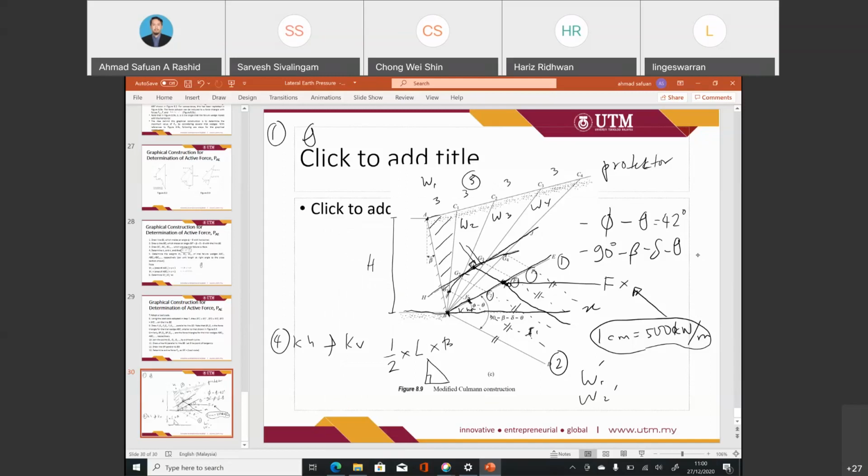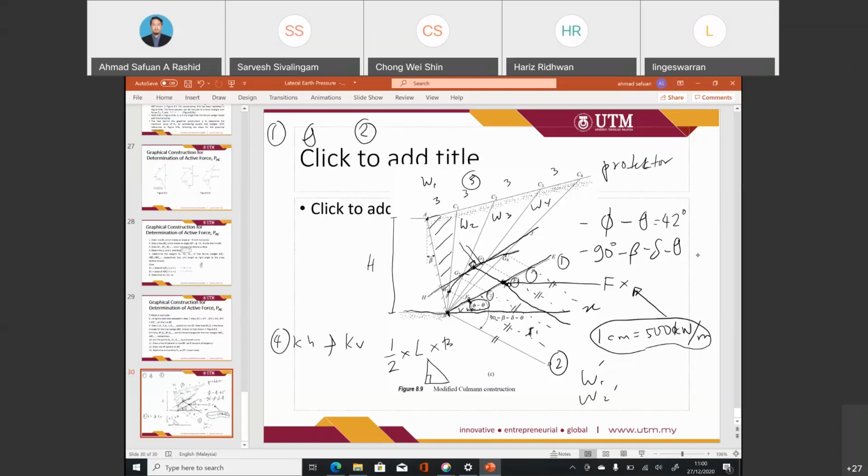Then you may draw a line, which is the BE. So this is the BE line, where the BE is equal to theta minus phi minus theta. So that is the first line that you may create.